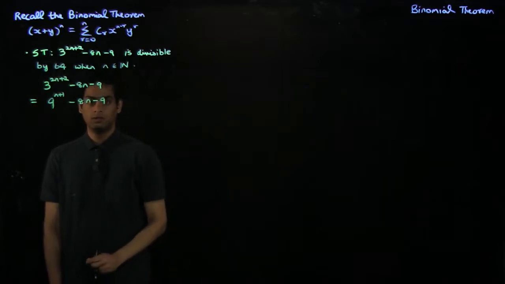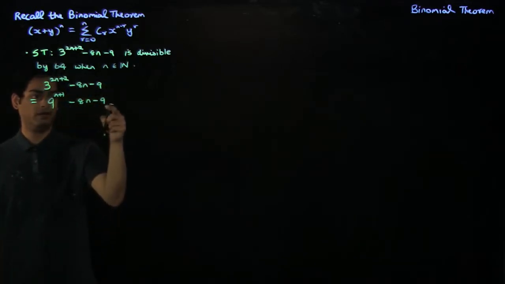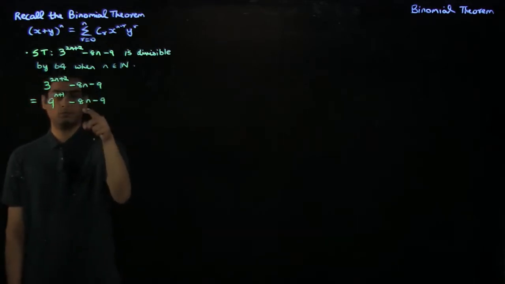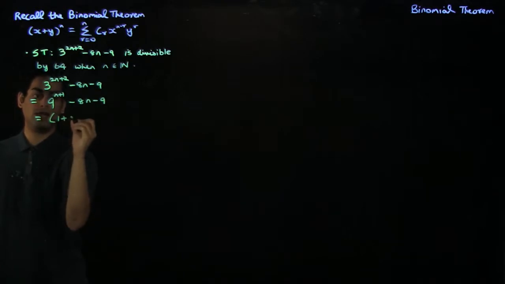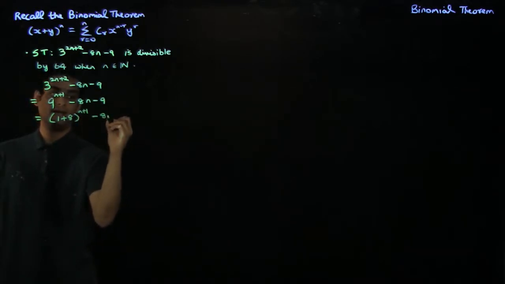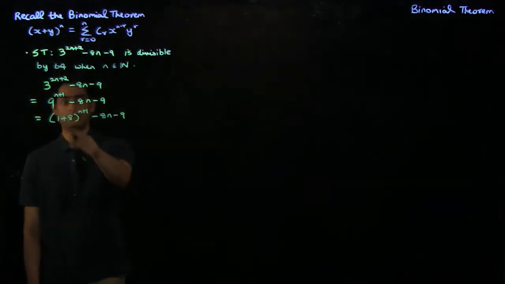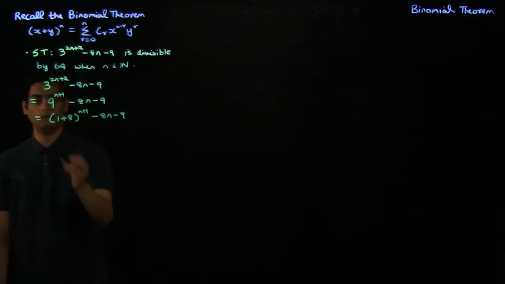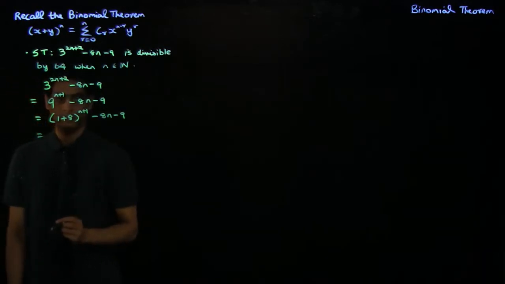Now this looks a little more promising, because you have 9^(n+1), and you have a 9, and you have an 8n. So you can get rid of the 8n potentially by writing 9 as 1 plus 8. Raise this to the power n plus 1, and you have minus 8n minus 9. And now you have a term which you can expand using the binomial theorem. So let's try and expand this term.